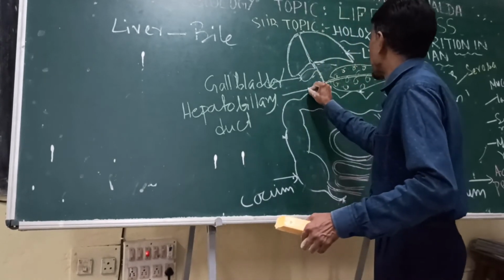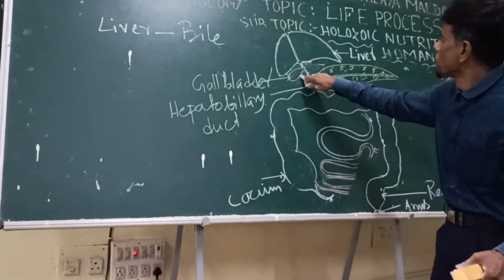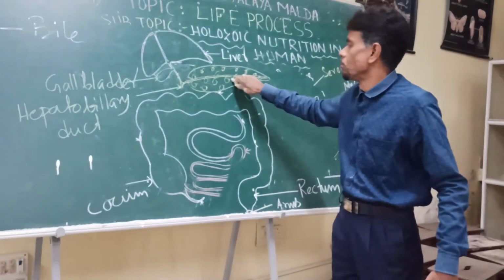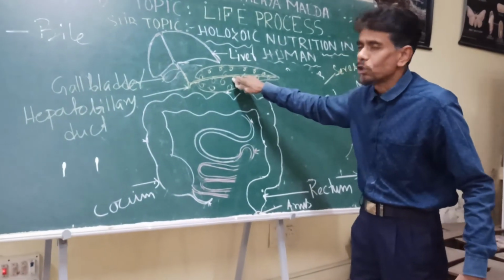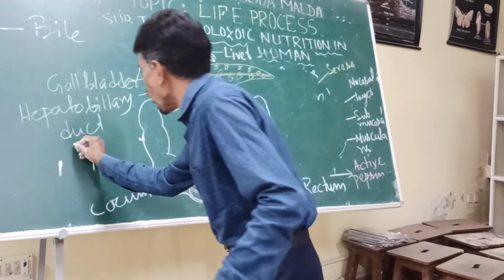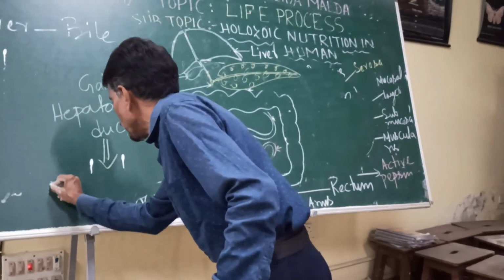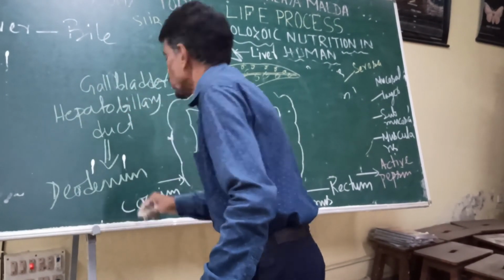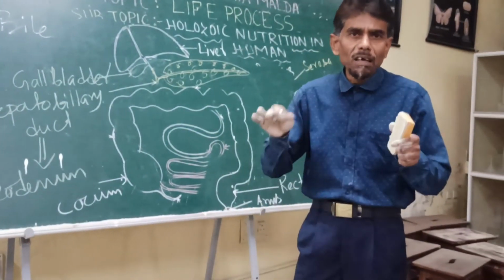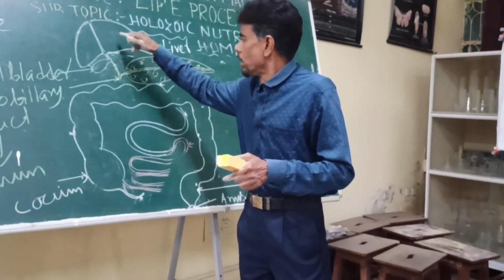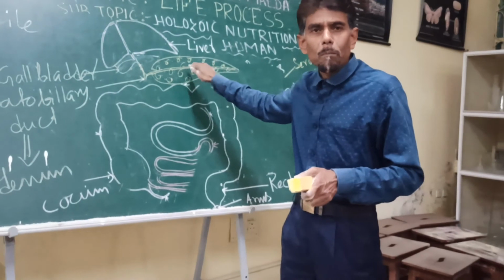This common duct carries both bile secretion as well as pancreatic juice, the juice coming from the pancreas, and they open into the duodenum. So the duodenum is receiving the secretion of bile and the secretion from the pancreas.